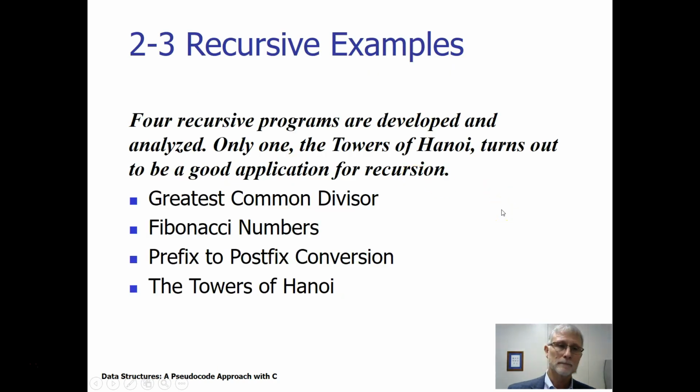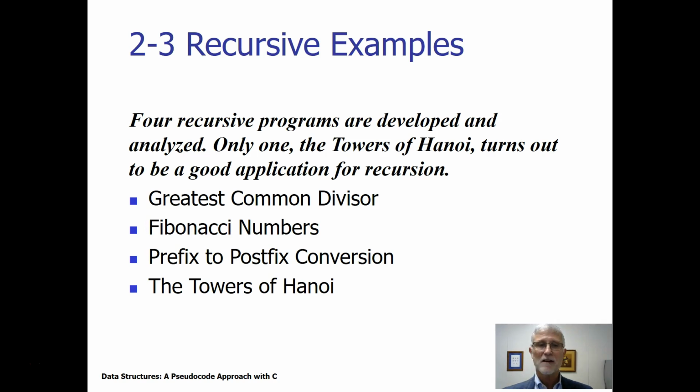Let's look at 4 recursive programs that definitely have some historical value, at least as far as computer science is concerned.